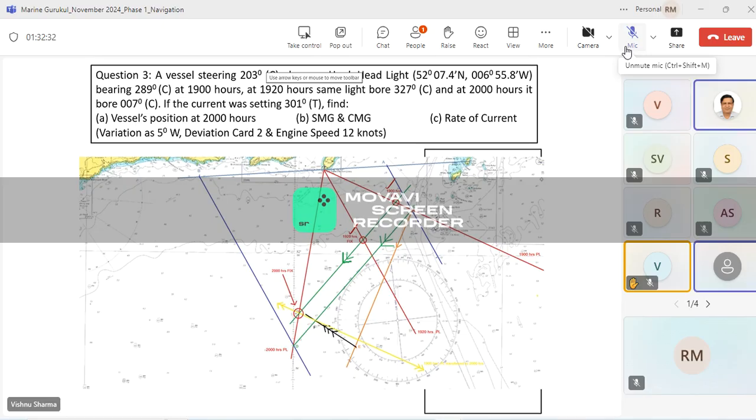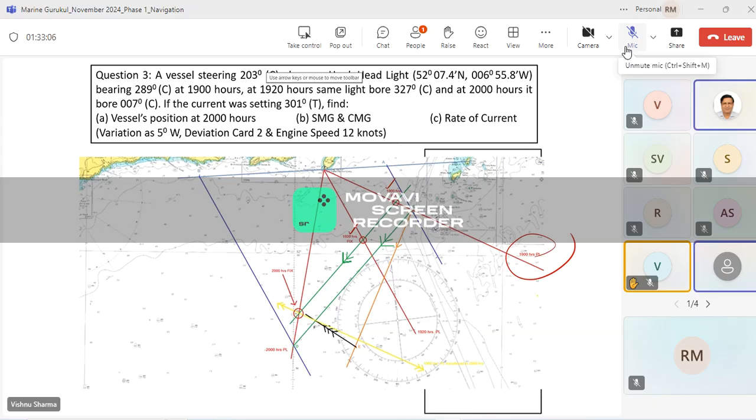You tell me, Praveen, in this plot I want to transfer point C on the first PL. At 1900 hours, point C, I transferred it after 1 hour. Which point did it become after transfer? After 1 hour, point C will be transferred where in this plot? On the top, sir, where you put the running fix after transferring all the CMG, all the points are marked on the chart.